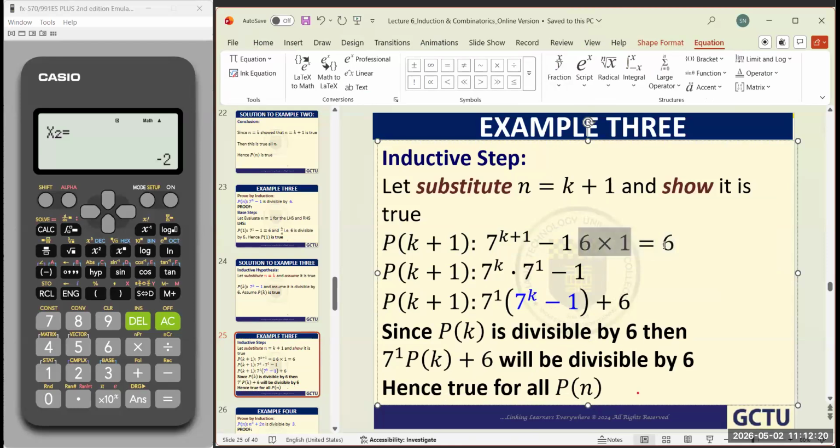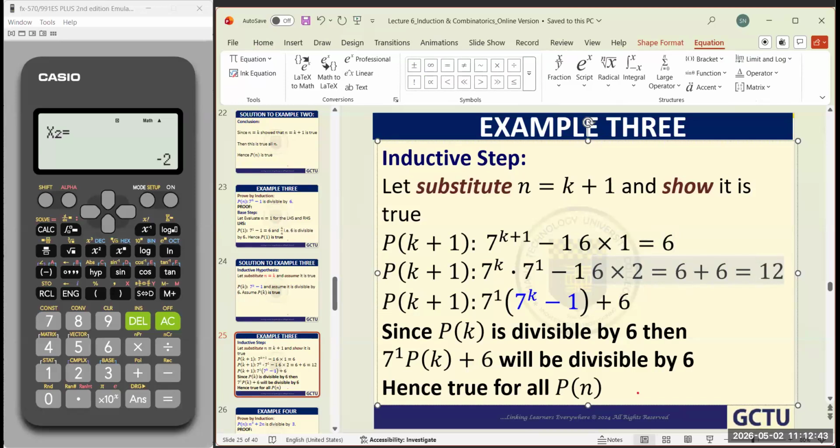Do you remember 6 times 2? So 6 times 2 here is going to give me 12. Now, do you realize that this 12 is actually equal to the previous 6 that I got here plus 6? That is why I'm getting the 12.